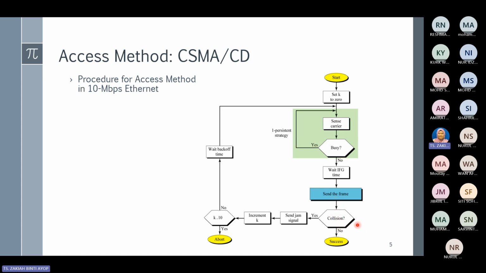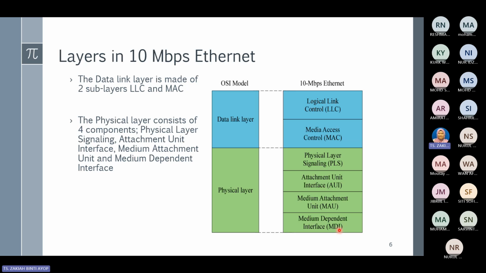If yes, it sends a jam signal and increments K. If K is equal to 10, it aborts; if not, it waits for the back-off time and sends again. If there is no collision, it is a success. That's how CSMA/CD works.